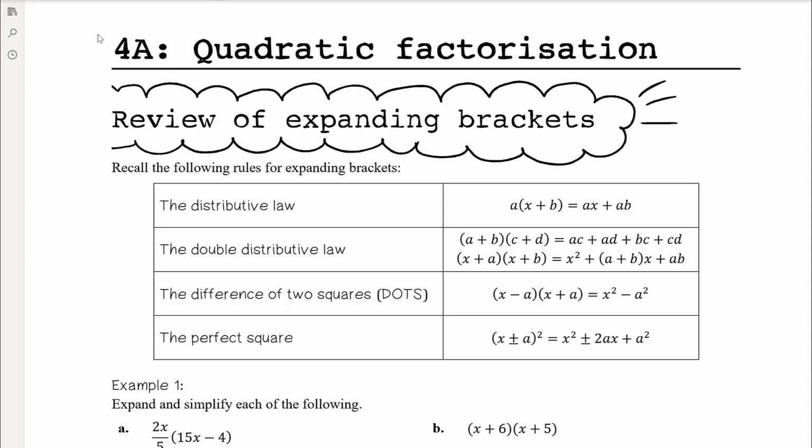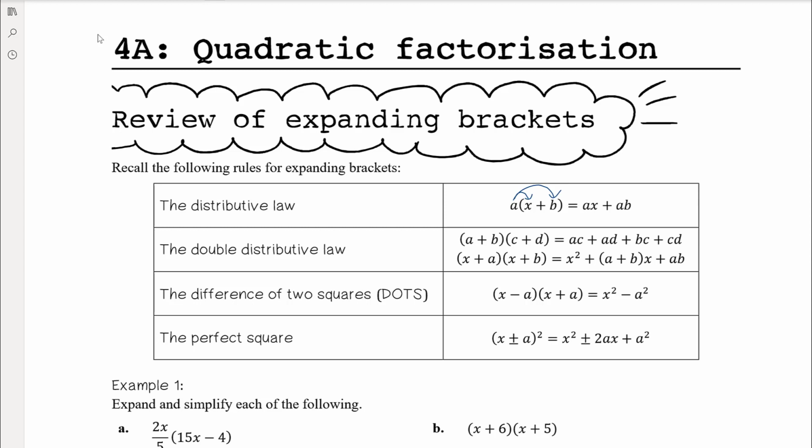So we'll recall our rules for expanding brackets. We have the distributive law, which is when we have one term outside of a bracket, a(x + b), and we expand that out by doing a times x plus a times b to get ax + ab.